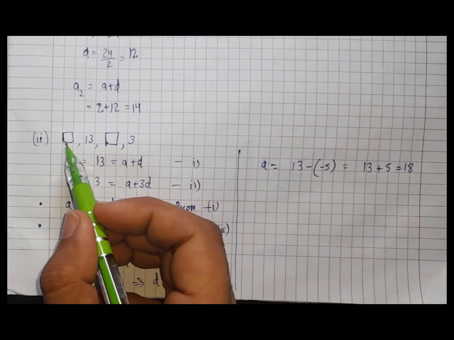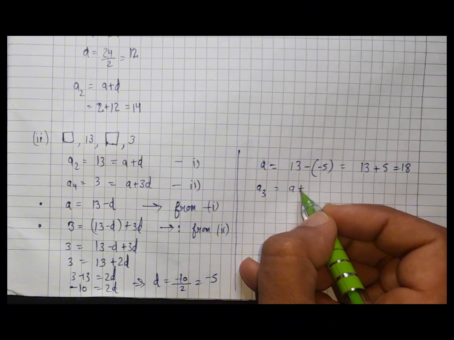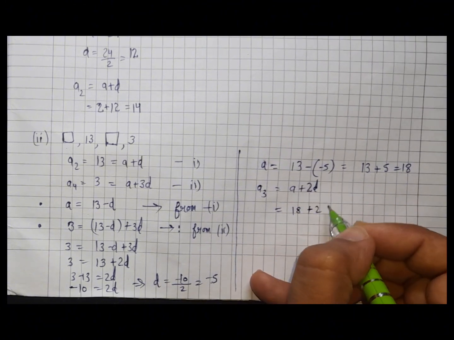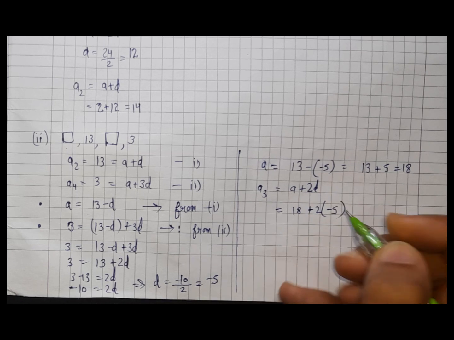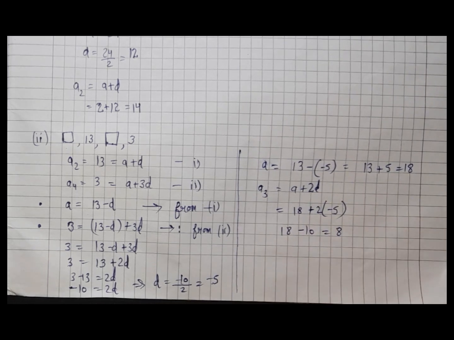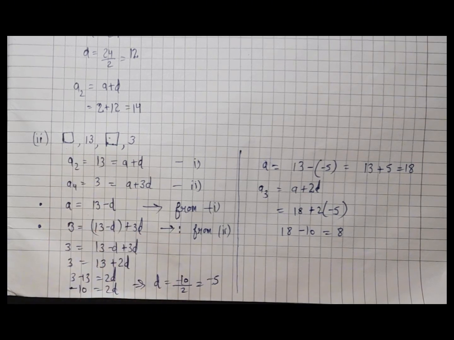So the first term is 18 and the third term will be A plus 2D. A equals 18 and D equals minus 5. So we have 18 minus 10 equals 8. So the missing terms are 18 and 8.